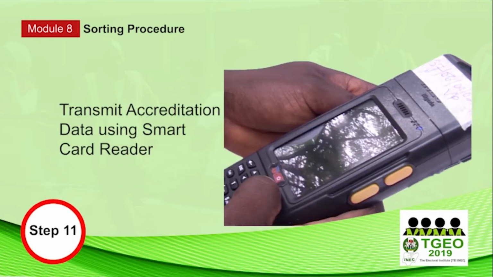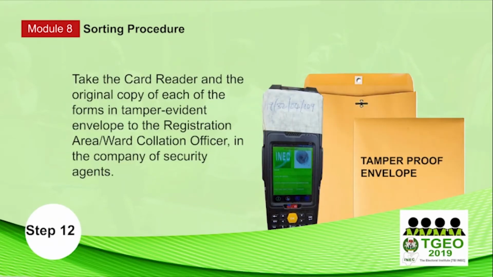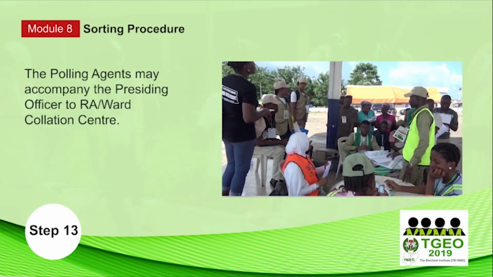Transmit accreditation data using smart card reader. Step 12. Take the card reader and the original copy of each of the forms in tamper-evident envelope to the registration area or ward collation officer in the company of security agents. Step 13. The polling agents may accompany the presiding officer to the RA or ward collation center.